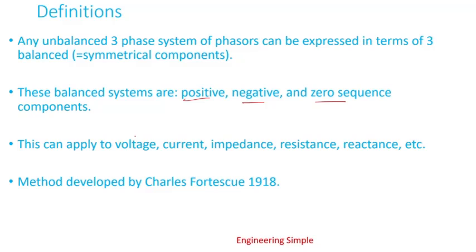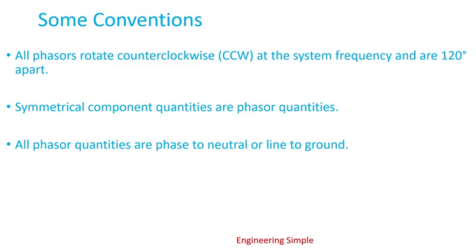This can apply to voltage, current, impedance, resistance, reactance, and so on. This method was developed by Charles Fortescue in 1918 when he was investigating some imbalance on induction motors. And the method of symmetrical components is used extensively in protection.